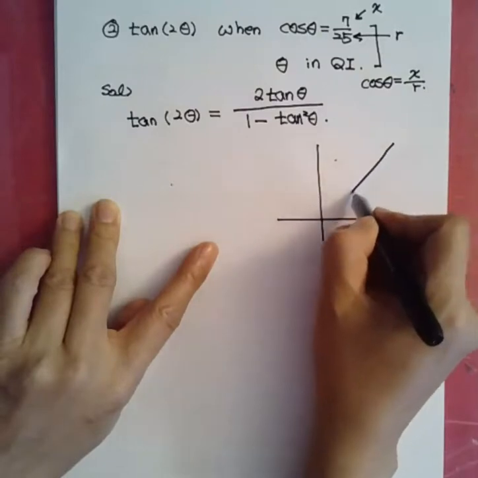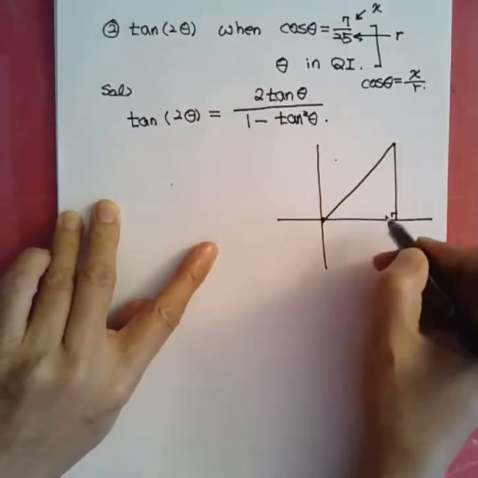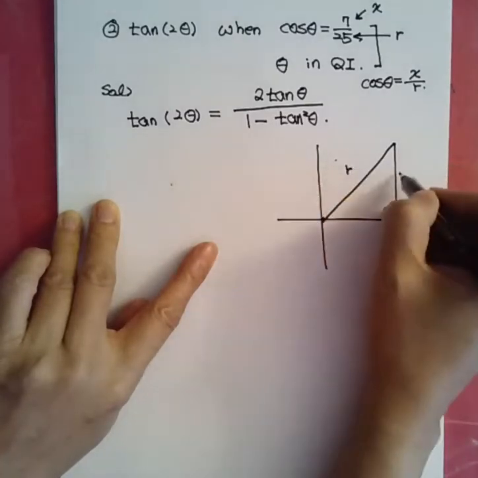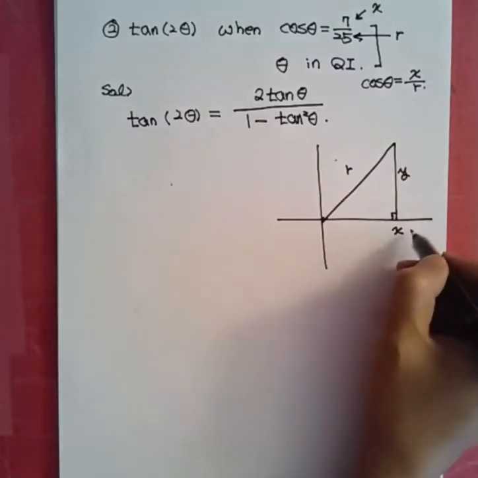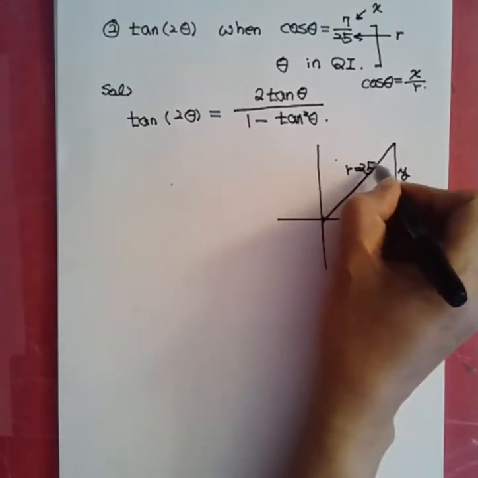So let's draw the right triangle here. Here is x and here is r, here is y. X equals 7 and r is 25.